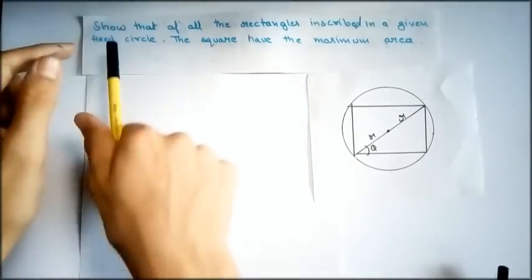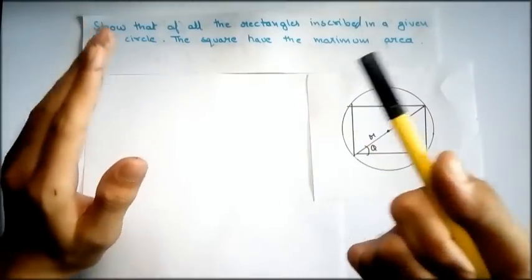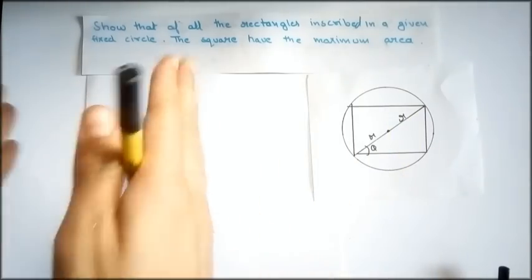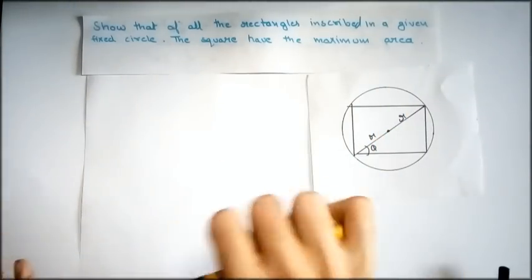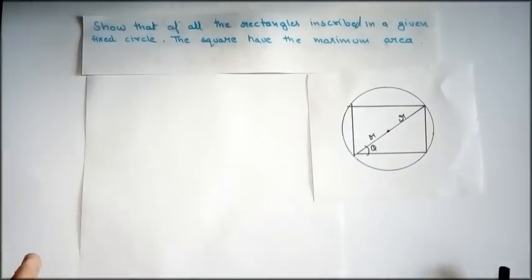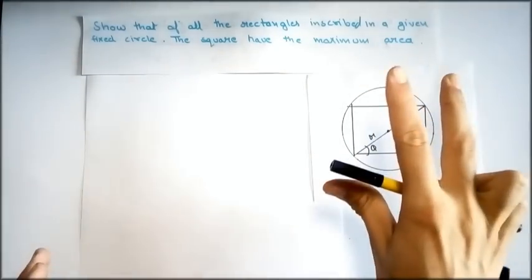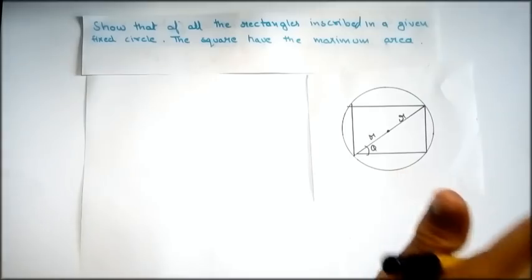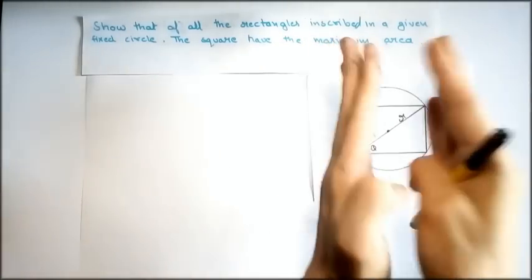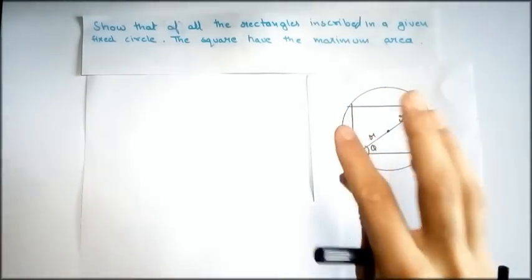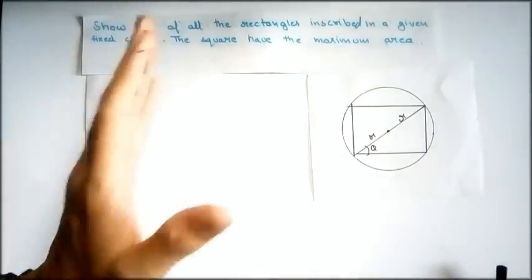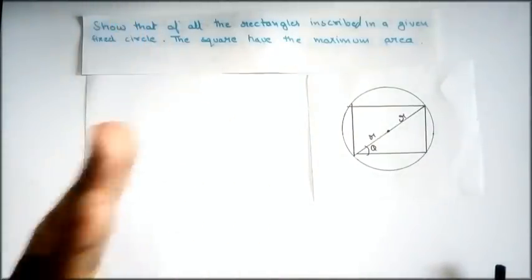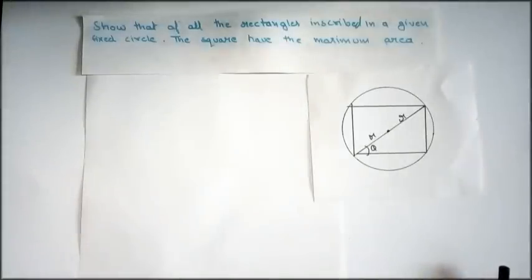The next question is: show that of all the rectangles inscribed in a given fixed circle, the square has the maximum area. That means if you are given a circle and you inscribe rectangles in it, from all those rectangles, the square will have the maximum area. It is a question of maxima and minima, and these are the most famous inscription questions in maxima and minima.